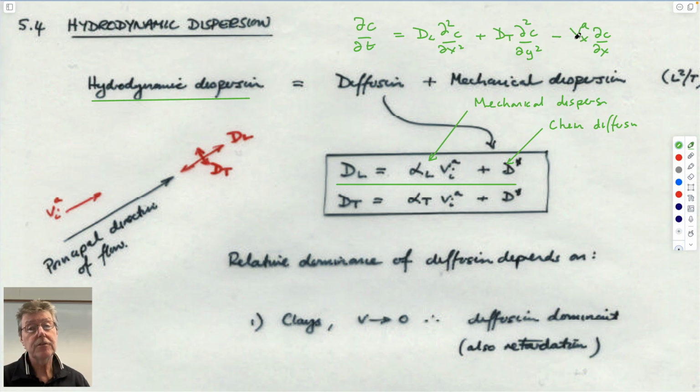The velocity in the x direction is the only velocity, so we're looking at an xy coordinate system which would look like this. This would be our little plume that we already drew, that goes downstream looking like this.